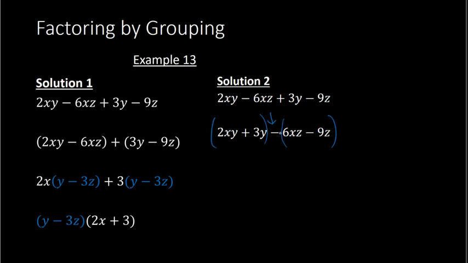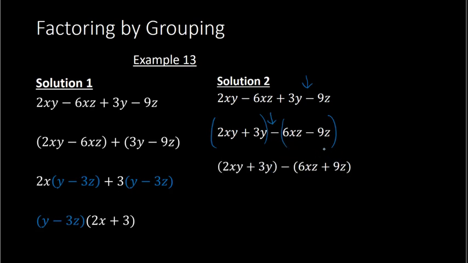So with parentheses, now this is saying you have a negative 6xz and a negative 9z, which would make that into a positive. Well, it wasn't a positive, it was a negative. So if you group it together like this, and there's a negative in the front of the second parentheses, you must change this sign to account for that negative. So what that would look like would be this.